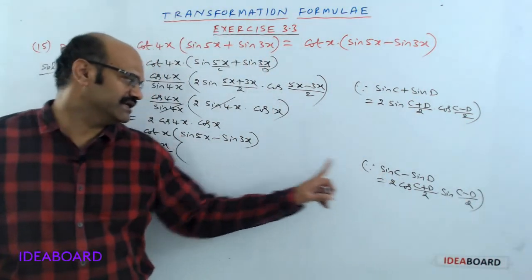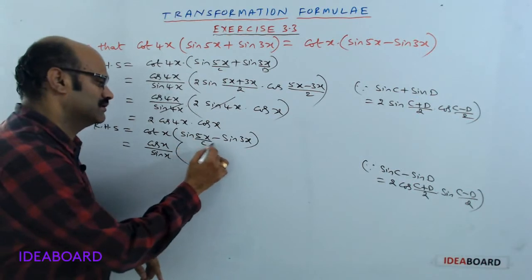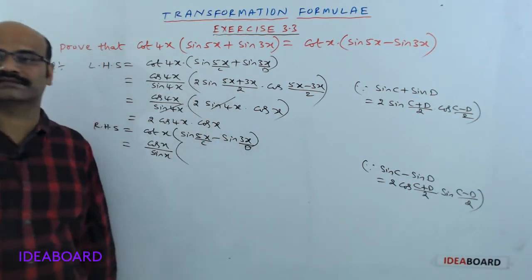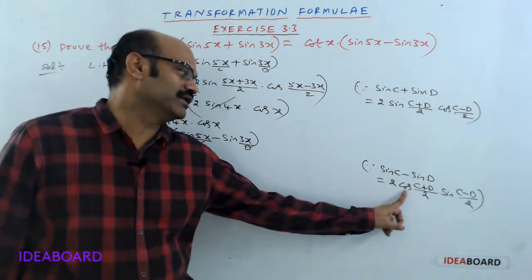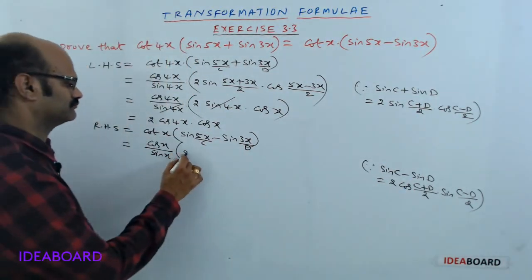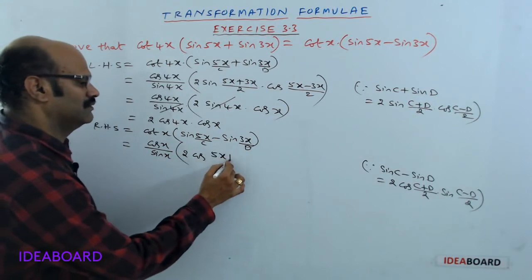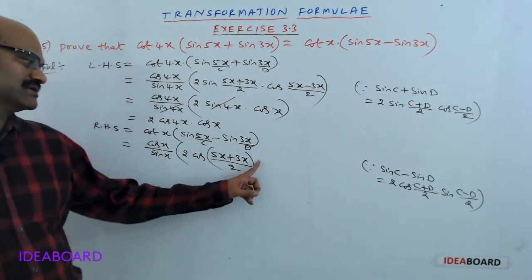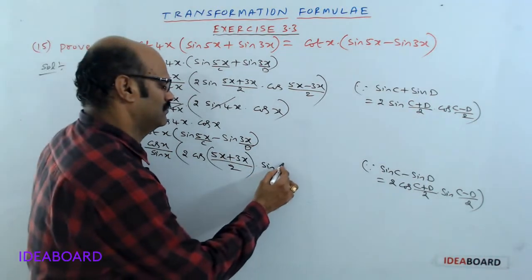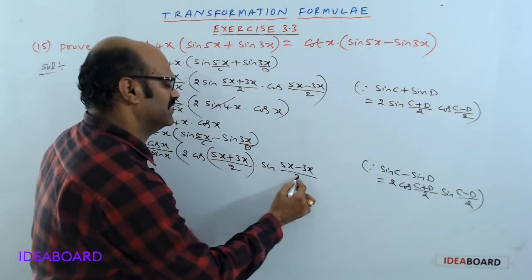Here we have c equal to 5x and d equal to 3x. Therefore, we have to write 2 into cos of (5x plus 3x) by 2 into sin of (5x minus 3x) by 2.